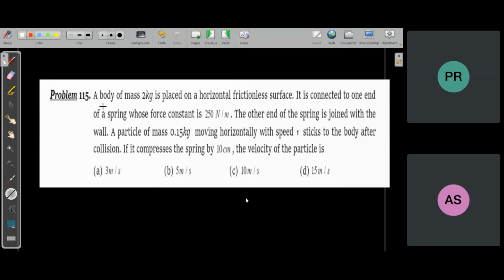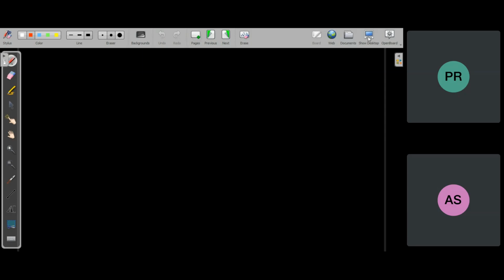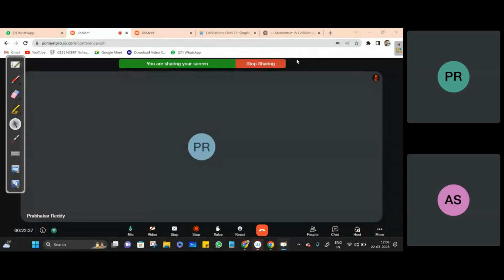First you applied conservation of momentum. Then what did you calculate? We can look at the velocity V now. After that, we can apply conservation of energy, then by substitution we can get the answer. Correct. So conservation of momentum and conservation of energy, or you can do conservation of momentum and the work-energy theorem also, if you want.